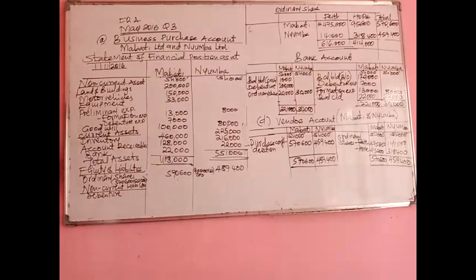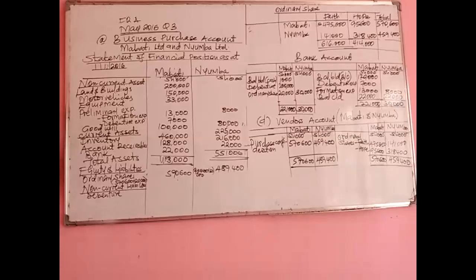Look at the liabilities taken over. The venture that Mabati went with, how much was it? On the debit side, the ventures. Was it 14,400 on the business purchase account? The first one we started with. Oh yes, 14,400.